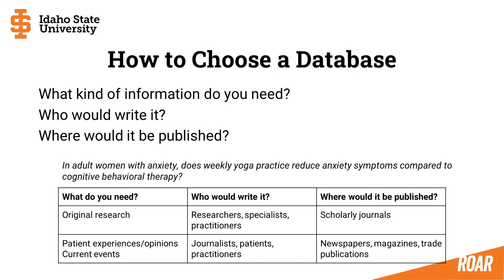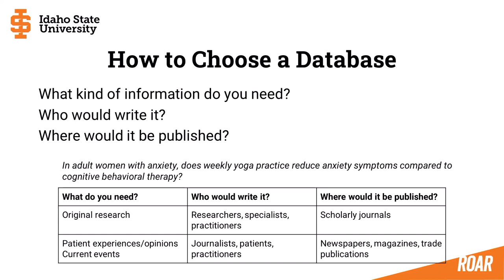So if I'm thinking about my sample search about whether or not in adult women with anxiety, weekly yoga practice reduces anxiety symptoms compared to cognitive behavioral therapy, and I am looking for, say, original research, I would think that maybe researchers or scientists or maybe practitioners would be the people writing it, and it would be in scholarly journal articles. So I would want to choose a database that would help me find scholarly journal articles written by researchers.